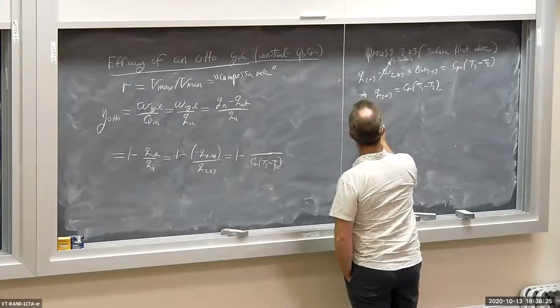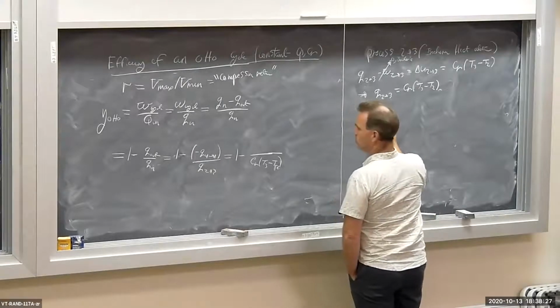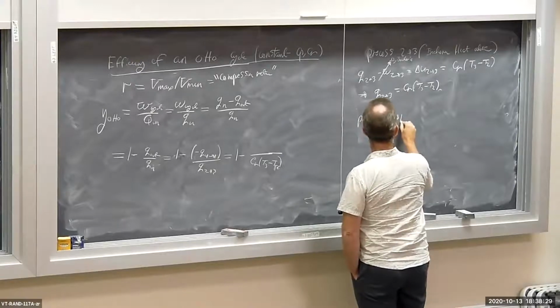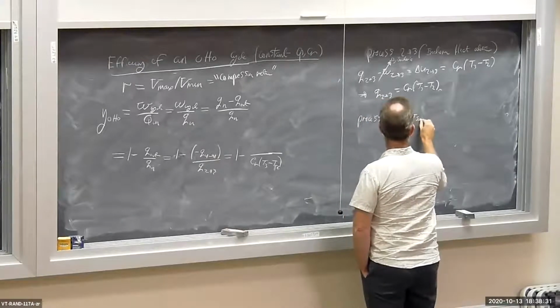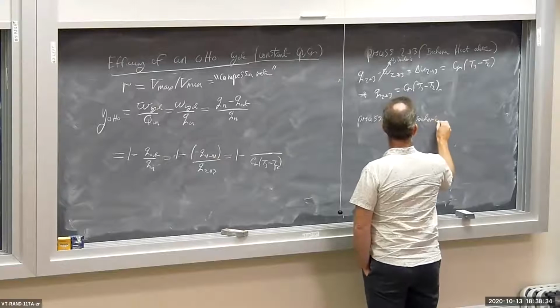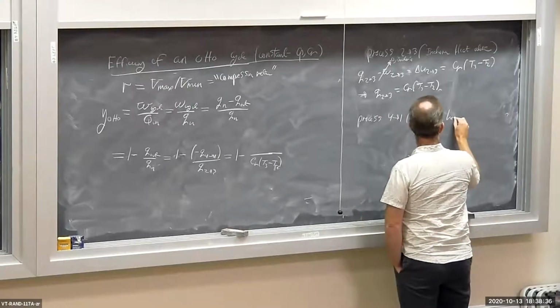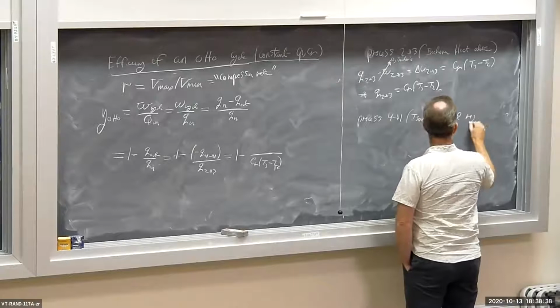So process 4 to 1. So this is isochoric heat rejection.